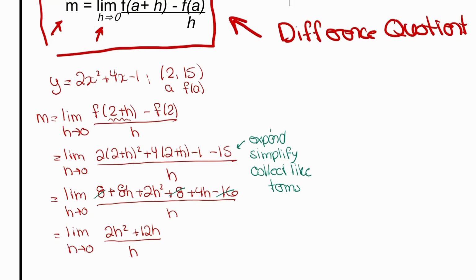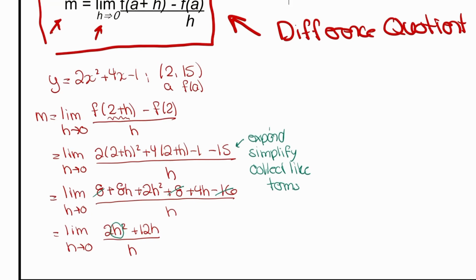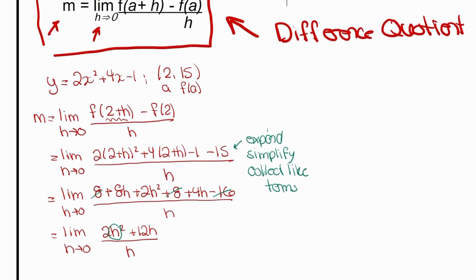So we need to get rid of the h on the bottom. In order to do that, we're going to pull a common factor. And in this case, the factor that we're going to pull out is actually going to be an h. So when we pull that out, we end up with the limit as h approaches 0. Pull out that h, and that leaves us with 2h plus 12 all over h.